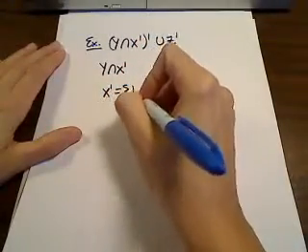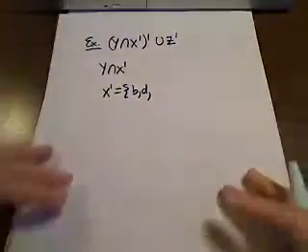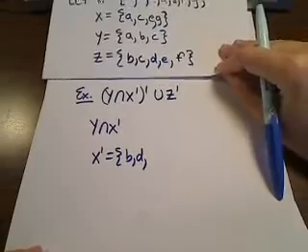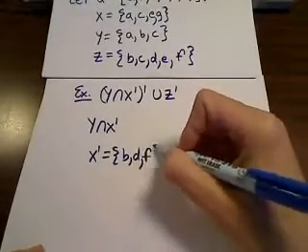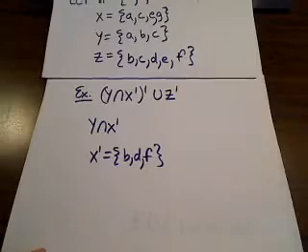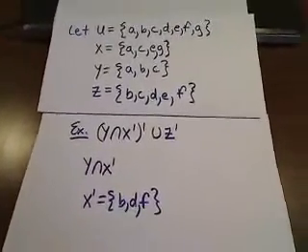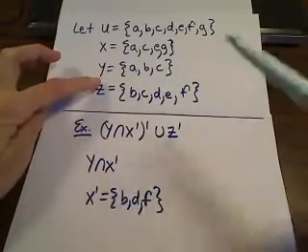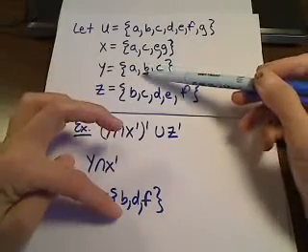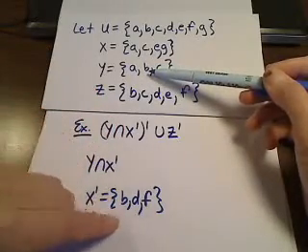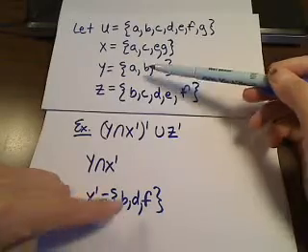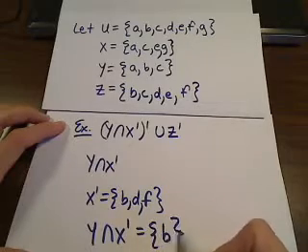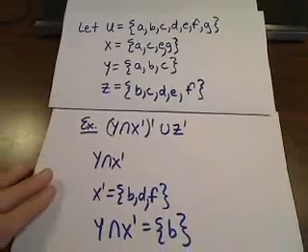X naught is B, D, and F. If I take my Y and I look for the intersection of these, then I'm looking for what they share in common, and it looks like the only element that they share in common is B. So Y intersect X naught is actually just going to have the element B in it.